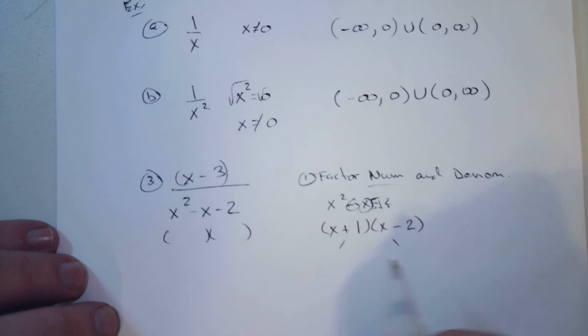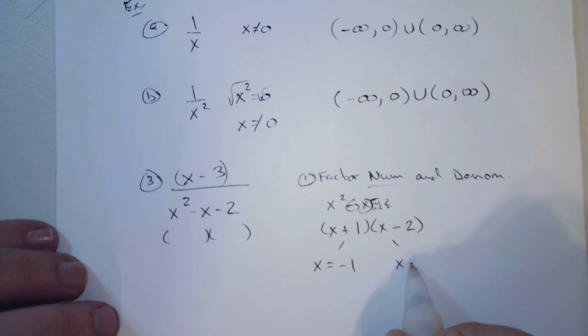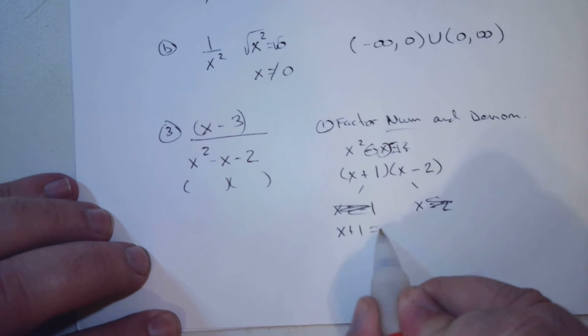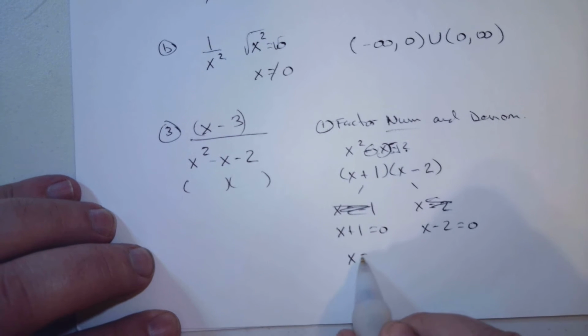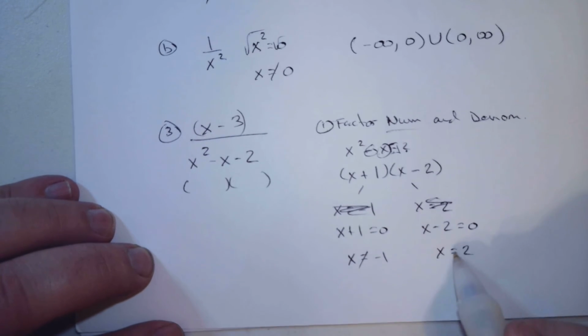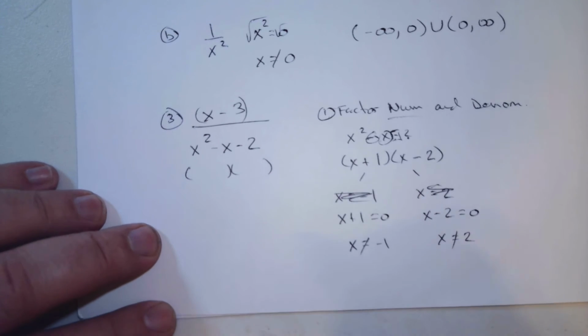So we set these equal to 0. X plus 1 equals 0, x minus 2 equals 0. So we get negative 1 and 2. These are the two values I cannot use because they make the bottom equal 0.